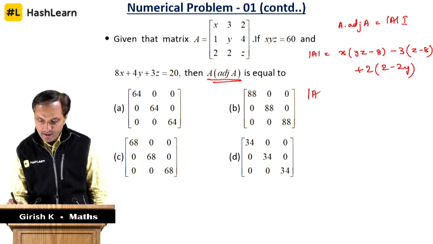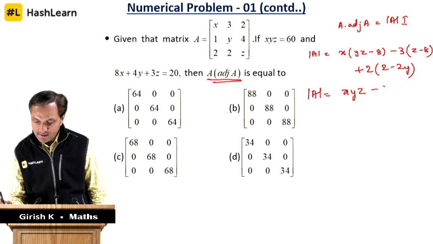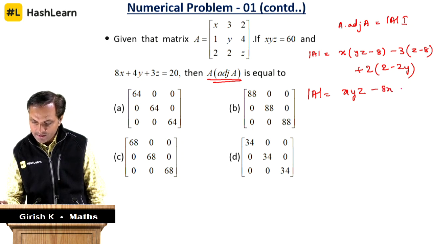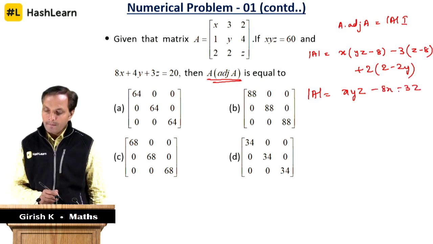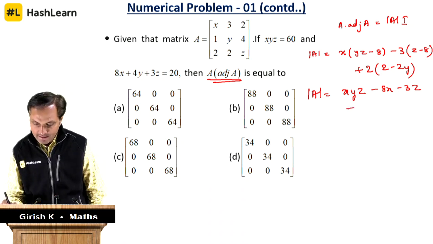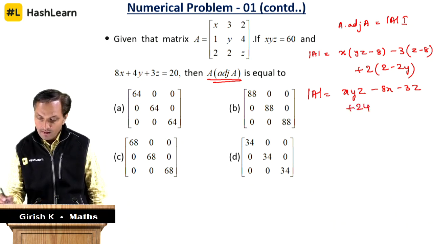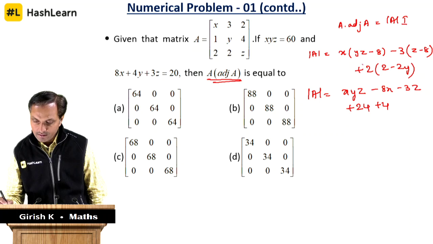So that will give you determinant of A is xyz minus 8x minus 3z plus 24 plus 4 minus 4y.